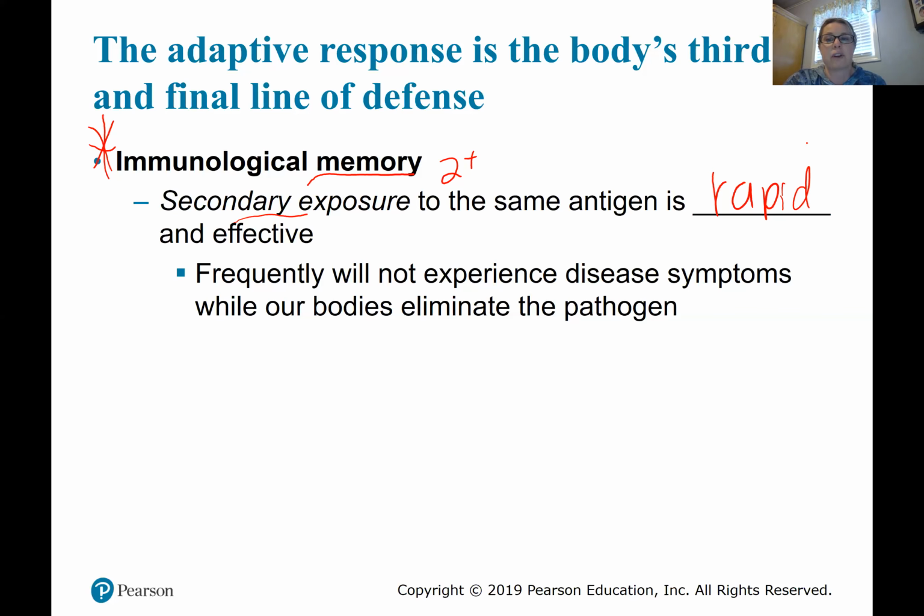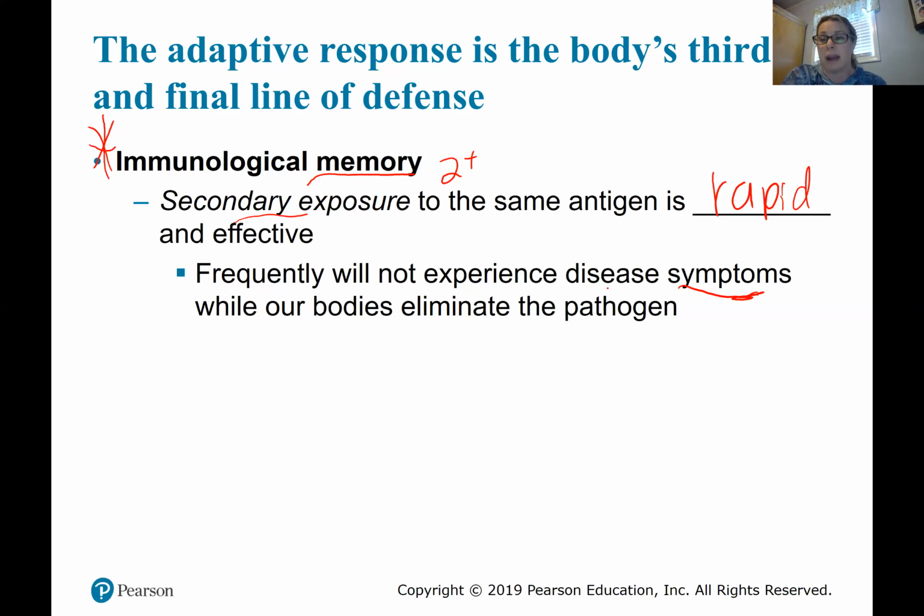And then if you're exposed to whatever you were vaccinated for, say you were vaccinated for tetanus, and you were exposed to tetanus by stepping on a rusty nail, then your body's like, oh, I know what that is. I'm going to gear up and take it out right away. And a lot of times you won't experience symptoms.